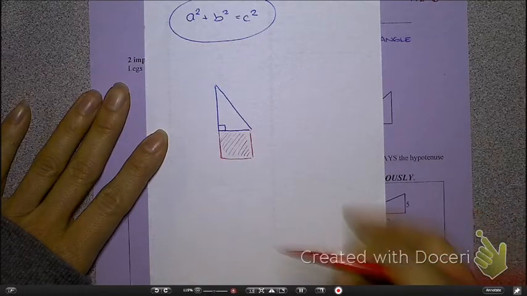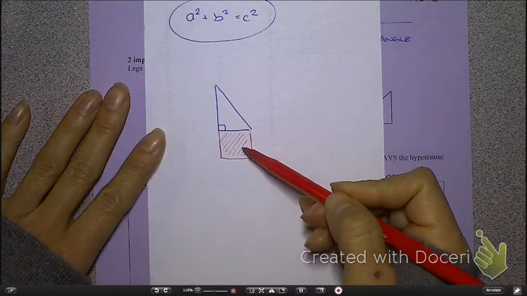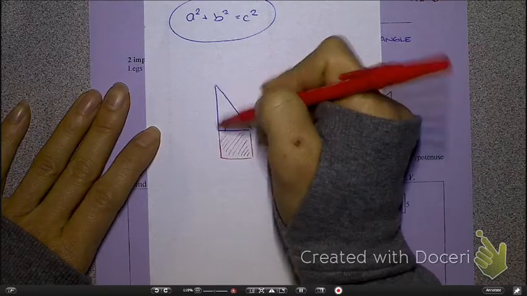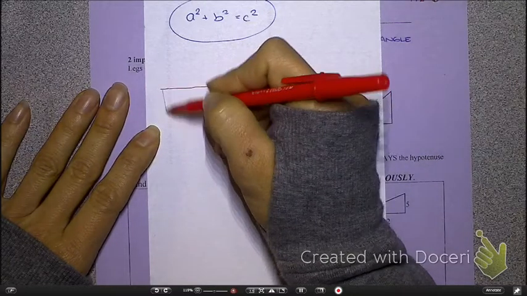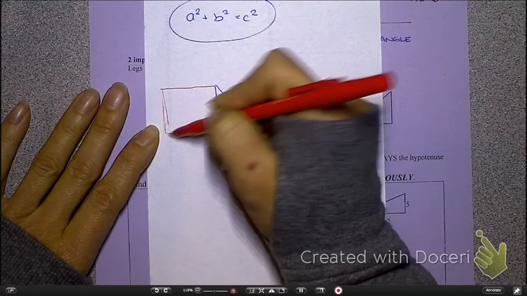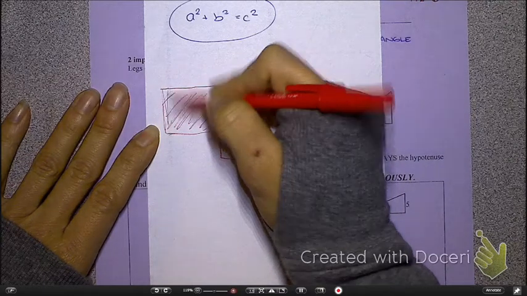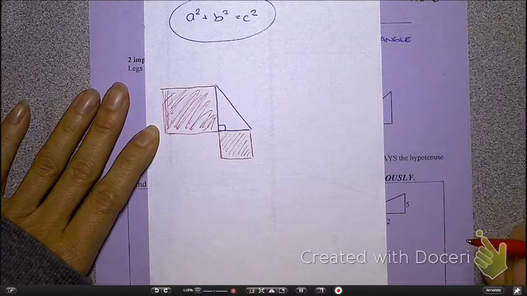Like if I multiply this length times the same length, I would get some number for that area, right? And then I were to take this leg over here and measure it and make a square based off of that length. Okay, and then I take the area of this square, okay, and I would get a number for that, right?